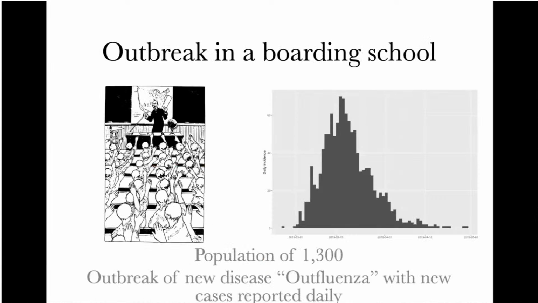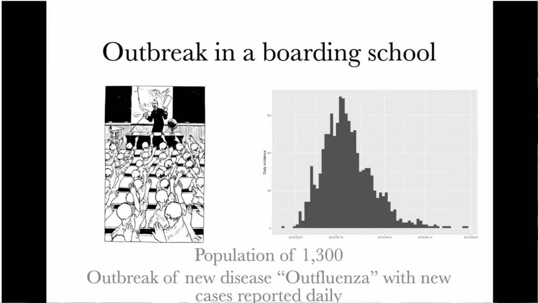So I'll use this simple case. It's an outbreak in a boarding school. It's a closed population because it's a boarding school with a population of about 300 people. An outbreak of an influenza-like illness. I'm calling it here outfluenza.